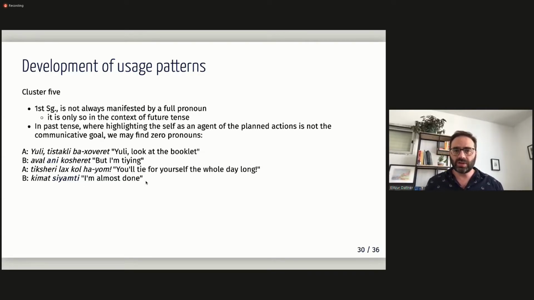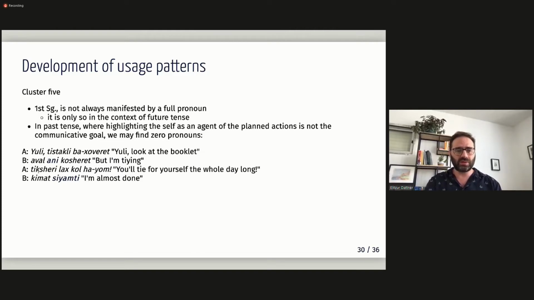Also note that first person singular is not always manifested by a full pronoun. It is only so in the context of future tense, which goes into cluster 5 and this function. In past tense, we are not highlighting the self as an agent of the planned action. It's not the communicative goal. We may find zero pronouns, as in the example over here.